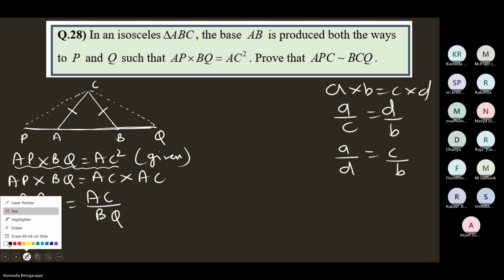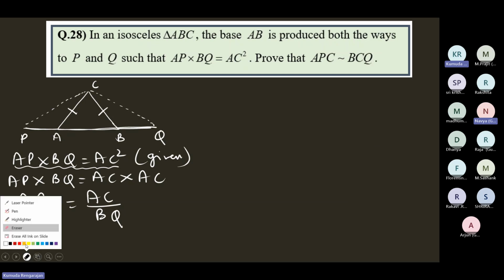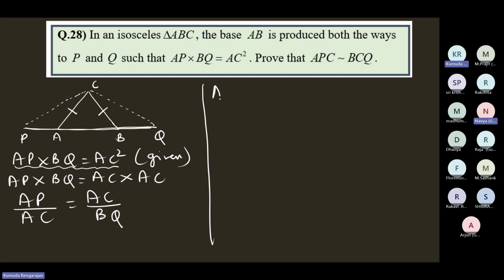Now, let's give this more clarity. So let's mention the triangles like this. AP is of which triangle, children? Which triangle does AP belong to?